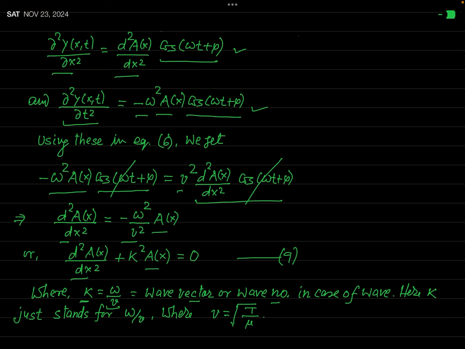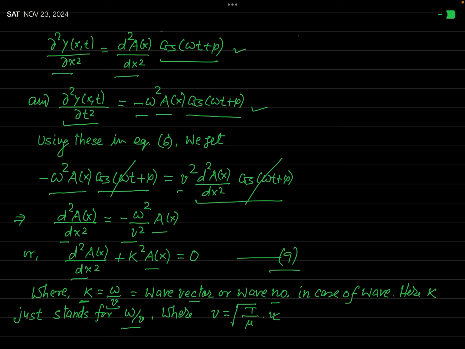We are only considering vibration, not wave. So here I will not call this k the wave vector, because we are not talking about wave. Here we will only say that this k just stands for omega by v. This is a constant, and here v is equal to this much. Actually, this equation 9, which you can see here, governs the shape of the mode.